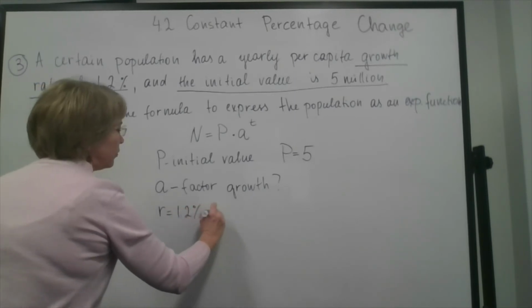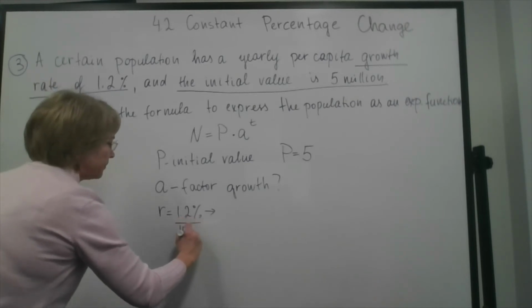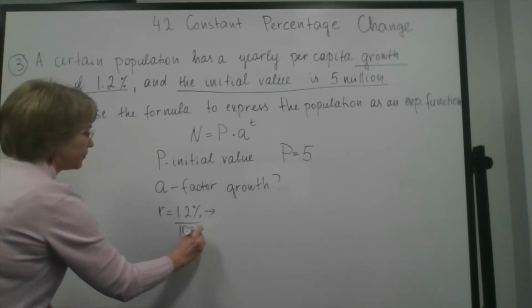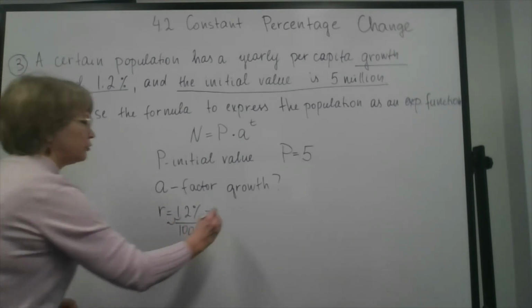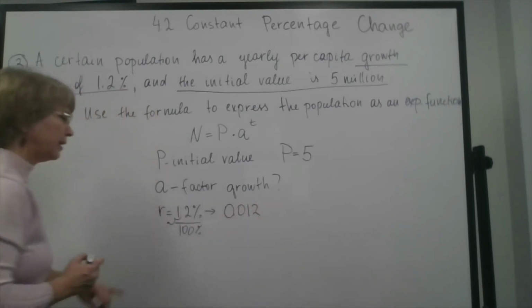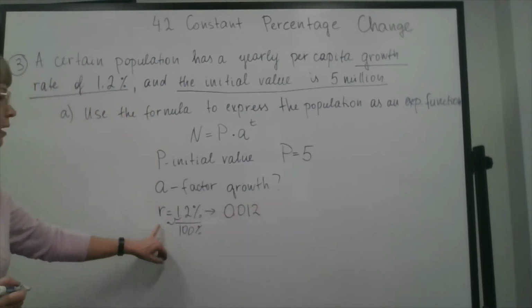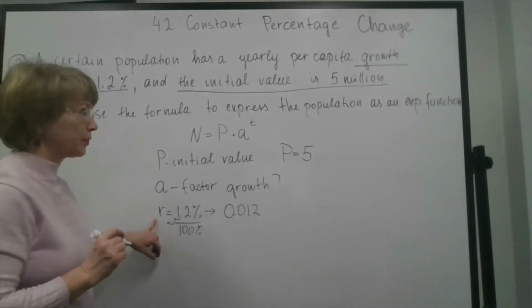And remember, we have to change it to a decimal. Divide by 100%, or move your decimal point 2 places to the left, so it will be 0.012. This is my rate. But now I can find the factor.